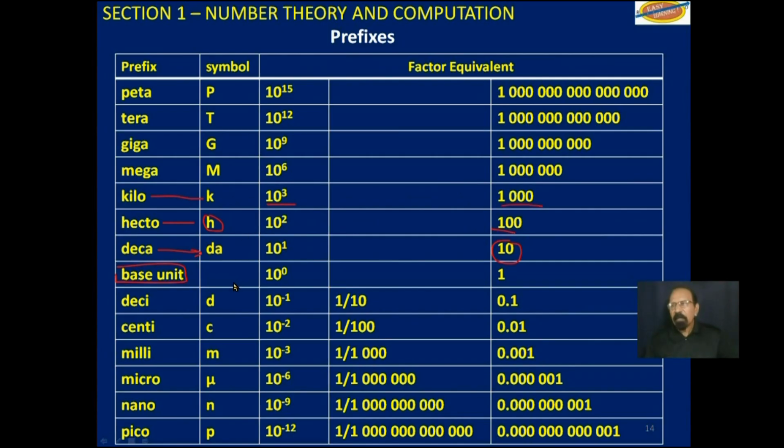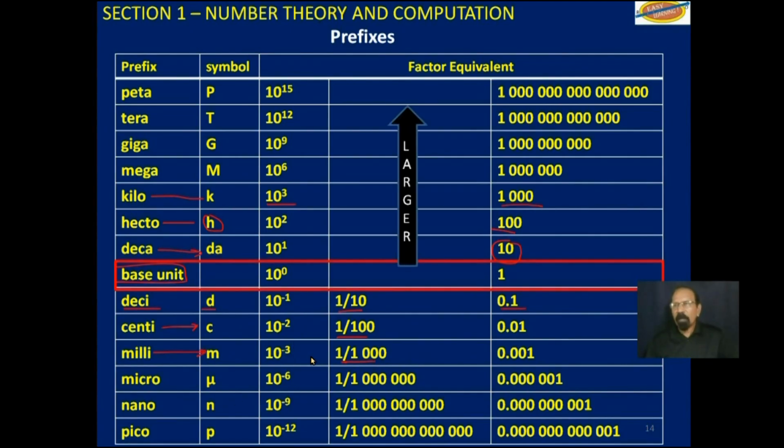And if you take units smaller than the base unit, you have deci, which is 1/10 or 0.1. There is also centi, which is 1/100th. There is milli, which is 1/1,000, and so on, micro, nano, pico.